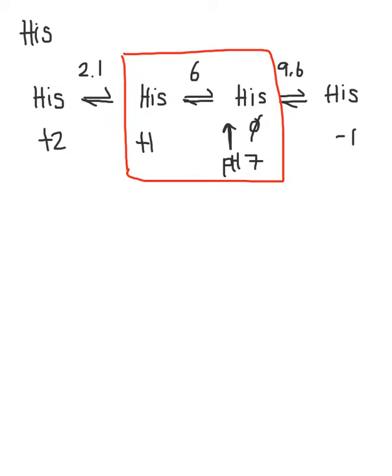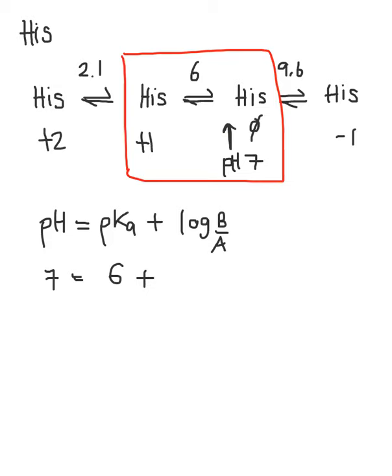Again, we use the Henderson-Hasselbalch equation to solve for the ratio of B and A. The pH is 7, and now the pKa that we plug in is 6, so it's different from lysine and arginine. Then you calculate B and A. You will get B equal to 0.91, while A would be 0.09.